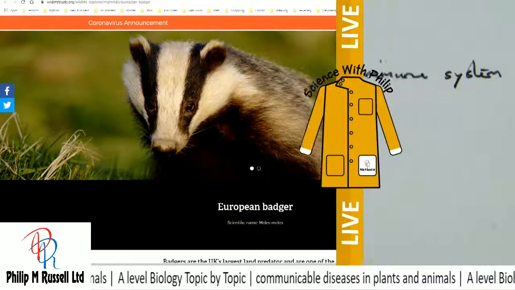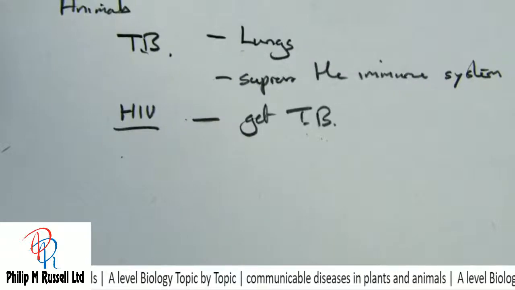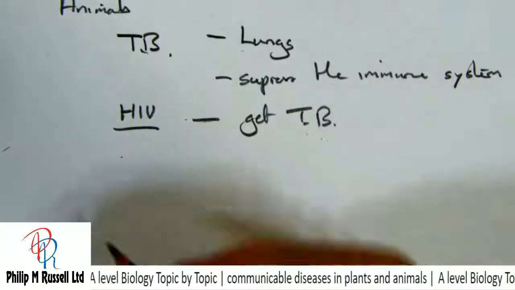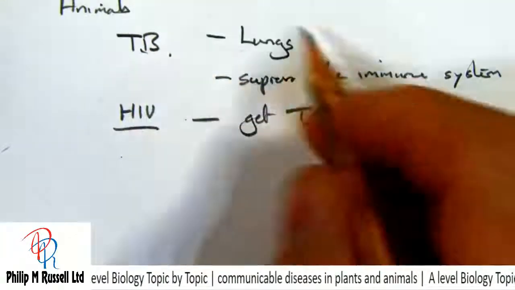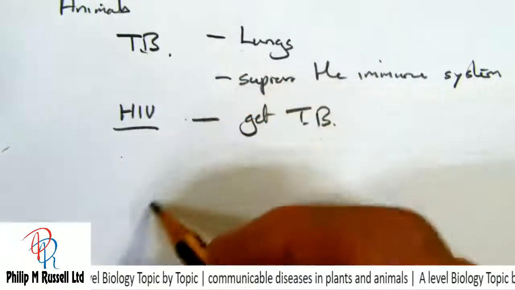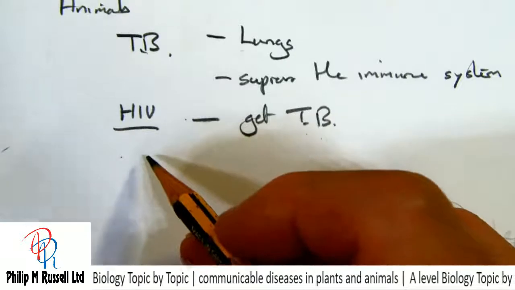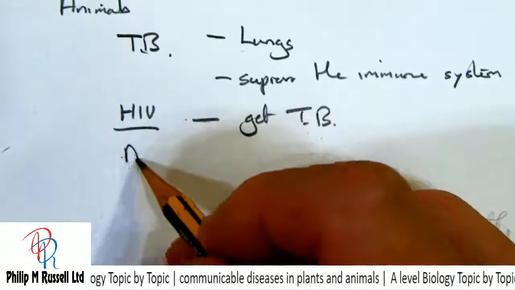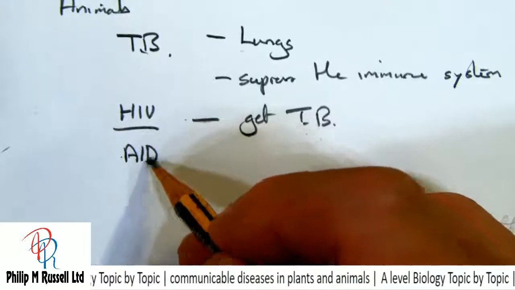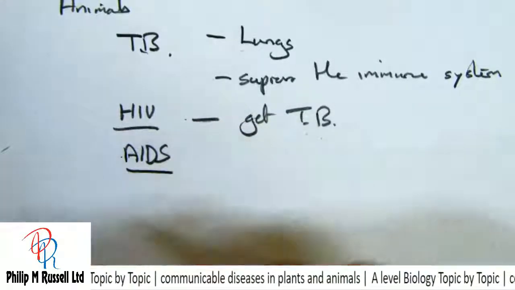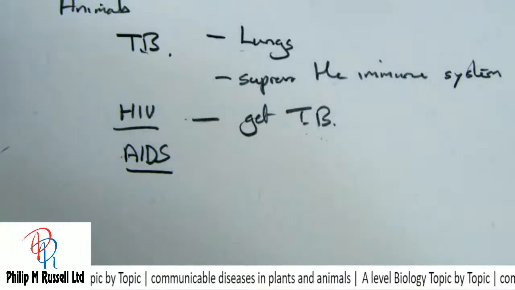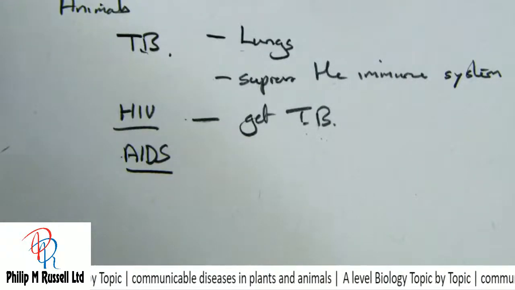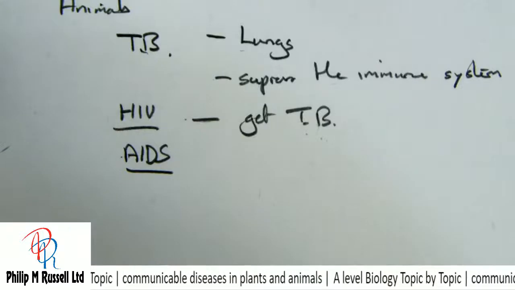Are there any other nasty diseases? Well, yeah, let's move along. And animals, we've got TB, we've mentioned HIV, and this is related to AIDS, basically an acquired immunodeficiency syndrome.